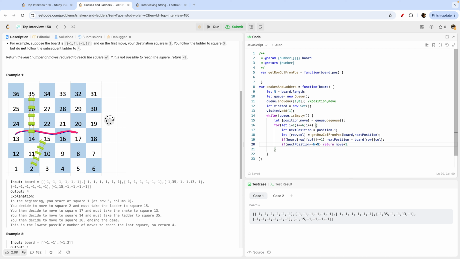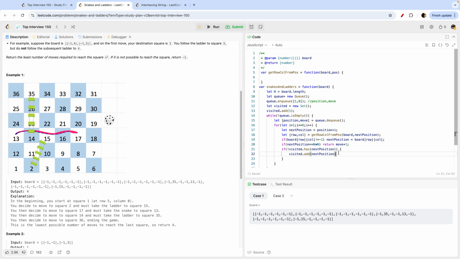Whatever move we currently have, we need to increment it. Next, if the next position is not visited, so visited does not have the next position, then we need to mark it visited and add it to the visited set.